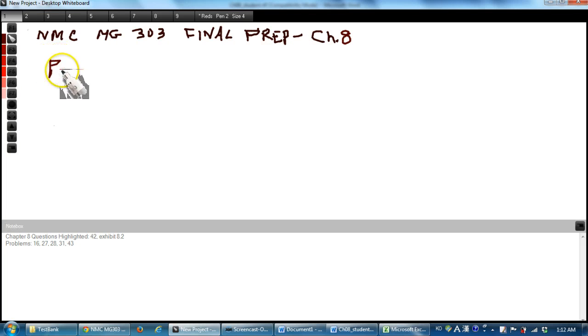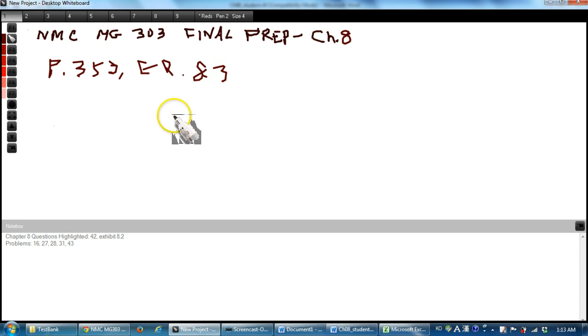So you may go to page number 353, especially equation 8.3, and the sample size comes from the z value for the confidence interval.